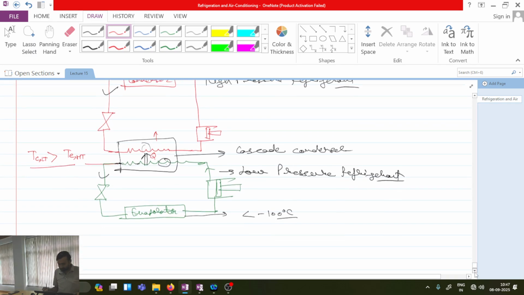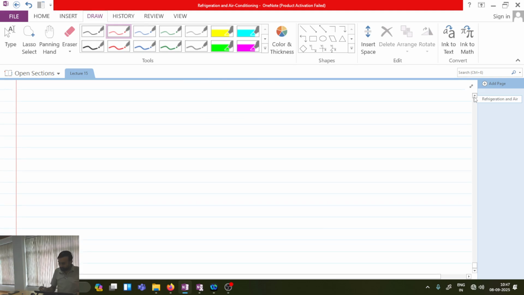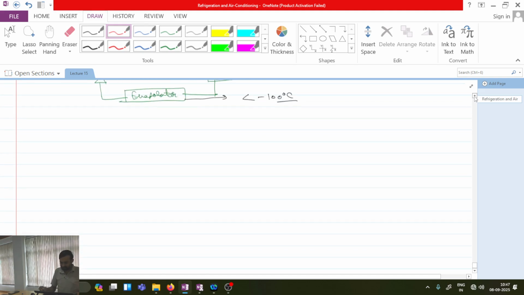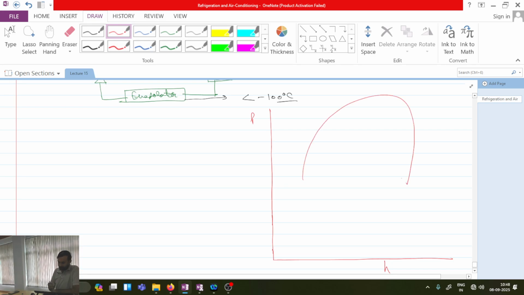Now what will I be having? Of course, whenever we deal with these systems, we need to draw the pH diagram. So now I will have two domes, and in the two domes, one interesting point you can note down. This is one critical point, this is the other critical point.